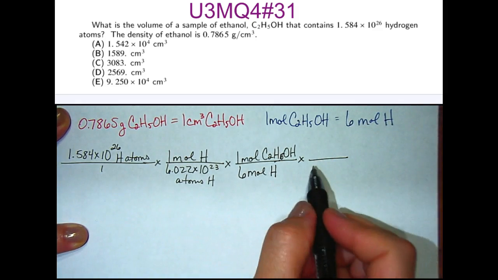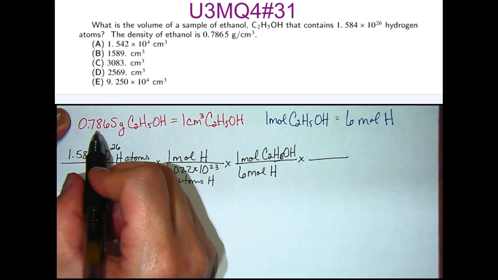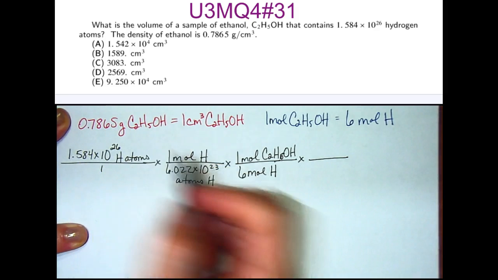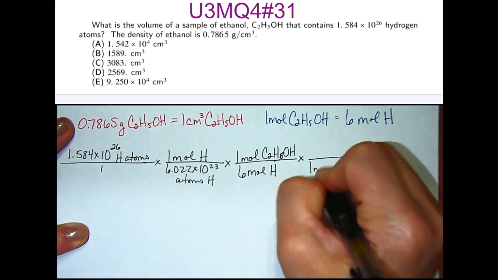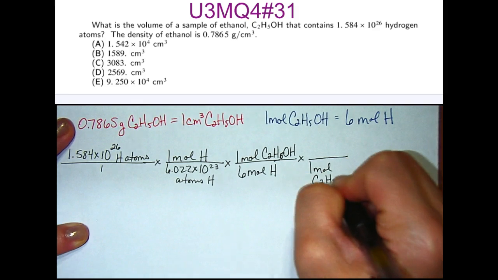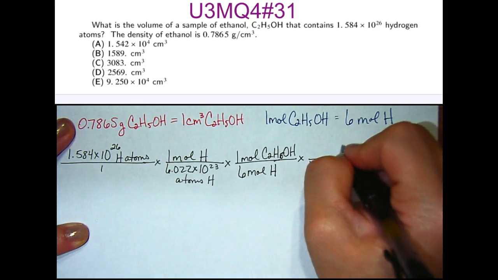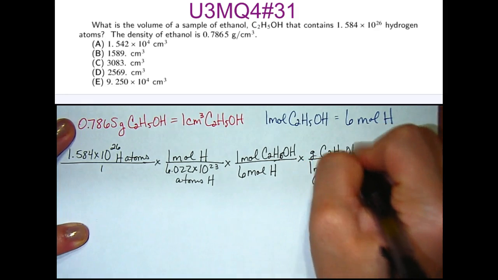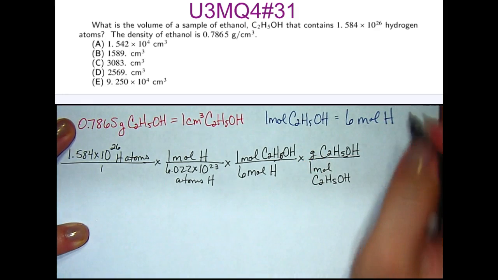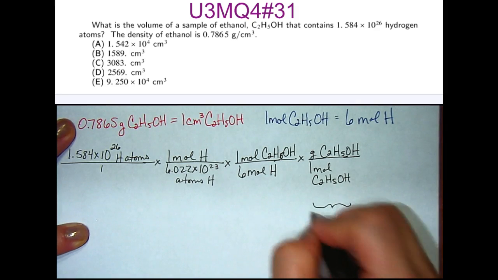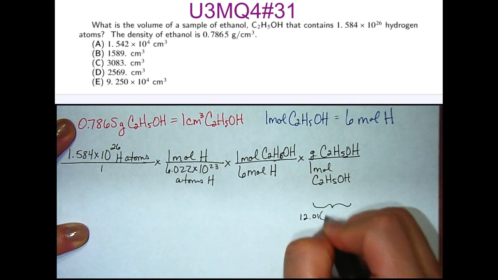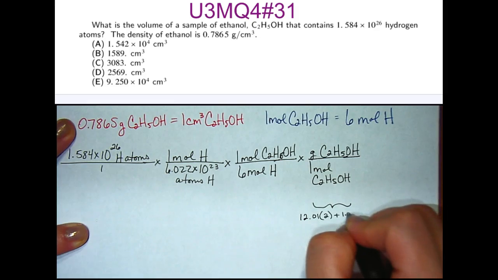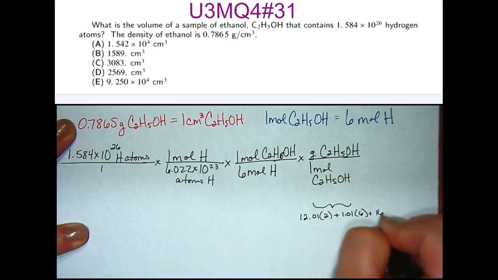We're going to need to get from moles to grams so that we can then use this density in order to get the volume. So 1 mole of ethanol is equal to grams of ethanol, and we find the grams of ethanol by taking 12.01 times 2 plus 1.01 times 6 plus 16.